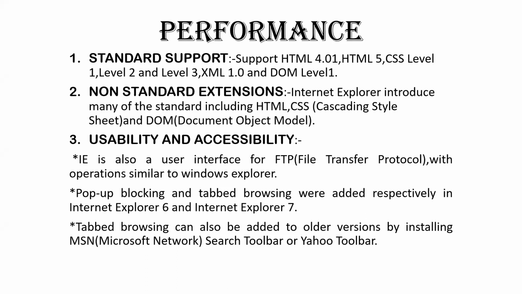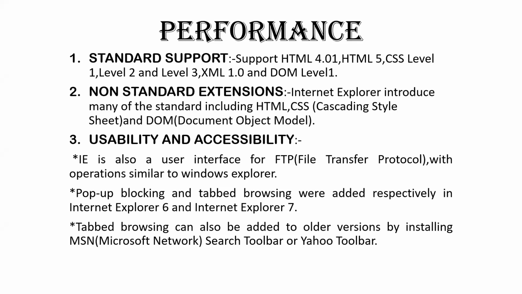DOM is the document object model, a cross-platform and language independent interface that treats an XML or HTML document as a tree structure. Non-standard extensions. Internet Explorer introduced many of the standards including HTML, CSS, and DOM.